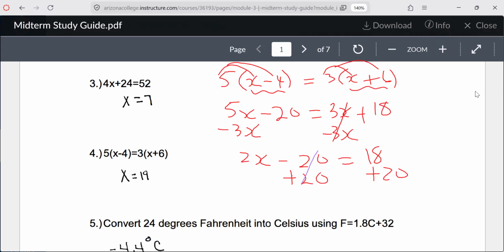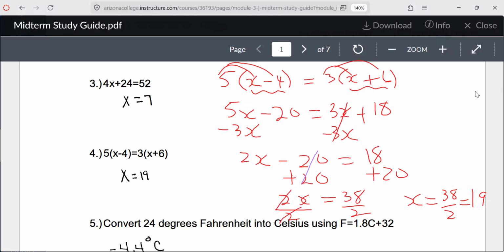So what I have left is 2x equals 38. Now I'm trying to solve for x, not 2x. So the 2 has to go, and you can only have it leave when you divide by 2. So x equals 38 over 2, which is 19.